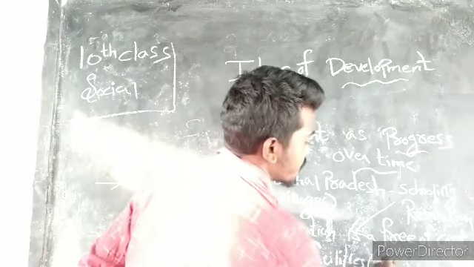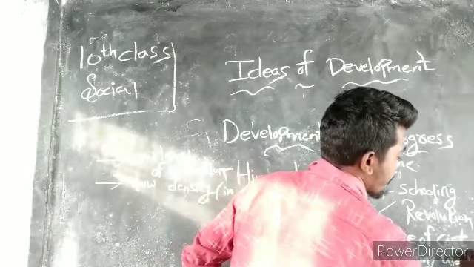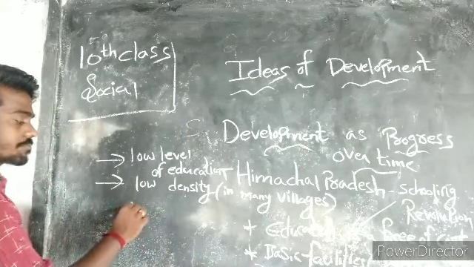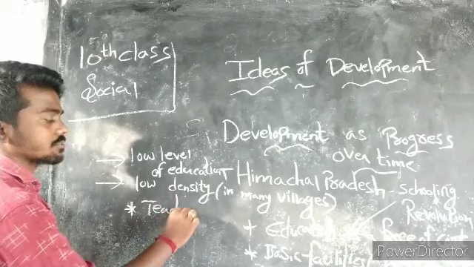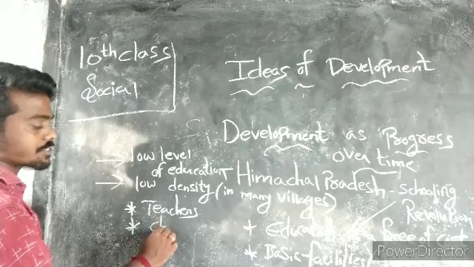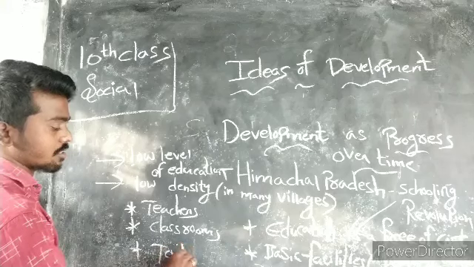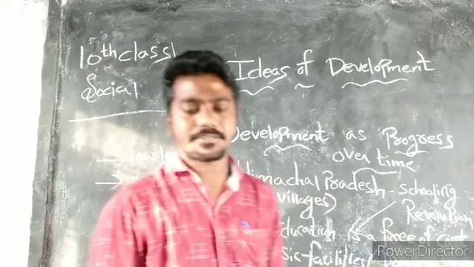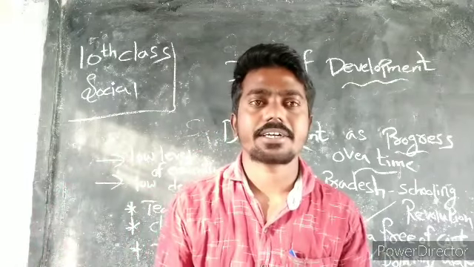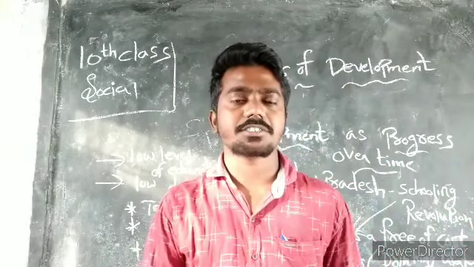What are the basic facilities? For example, drinking water, standard teachers, classrooms, and toilets. They gave more and more importance to basic facilities like drinking water, toilets, classrooms, and they kept standard teachers.